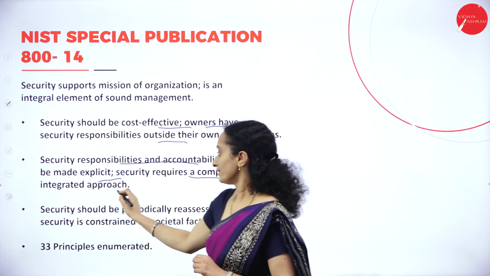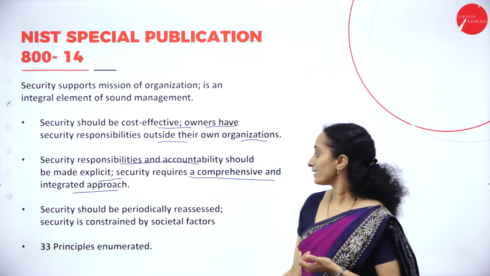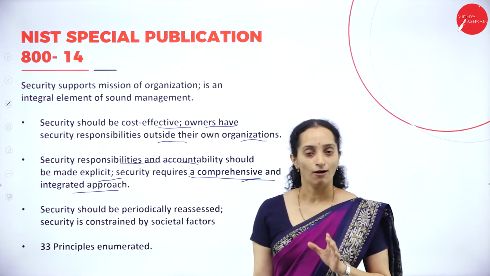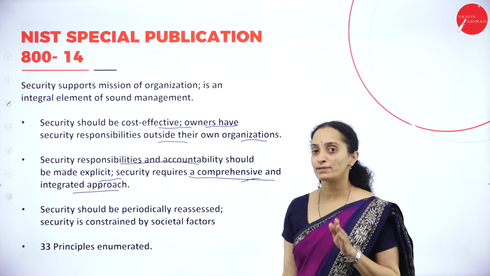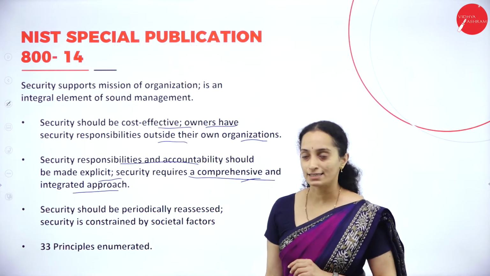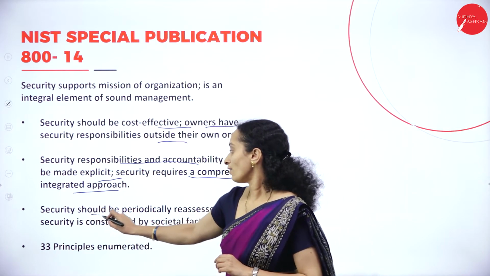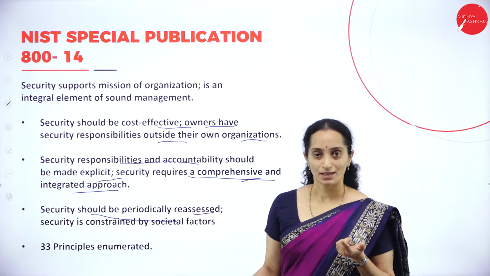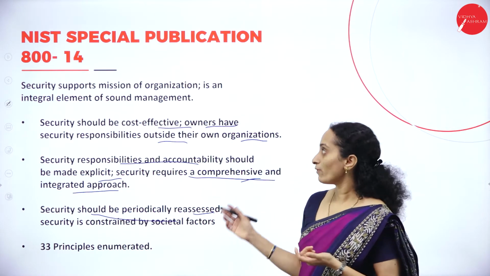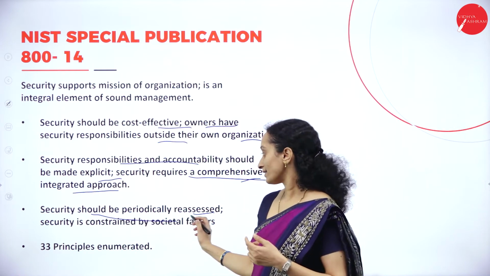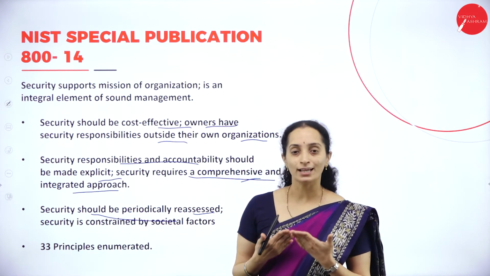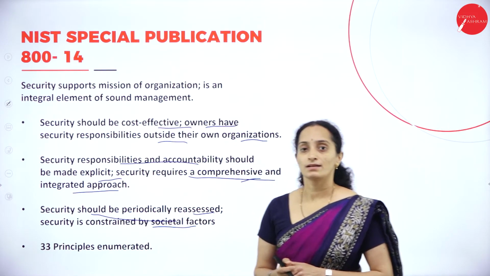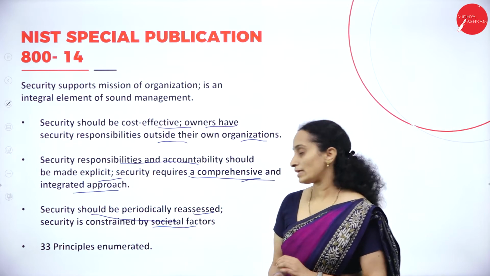Along with that, you need to have an integrated approach which must be comprehensive according to the organization. It must meet the requirements of the organization's needs. Along with that, security should be periodically reassessed. What does the policy say? It has to reassess the security from time to time, and it must consider societal factors.